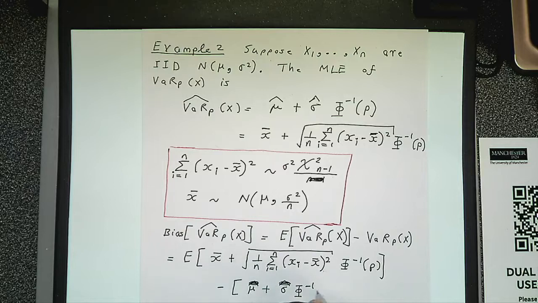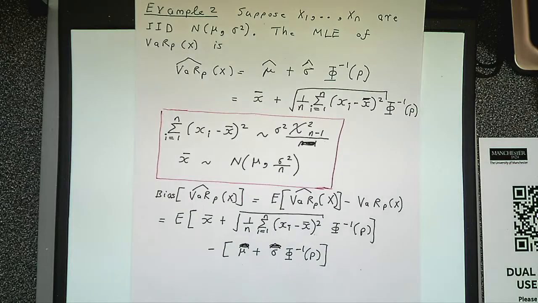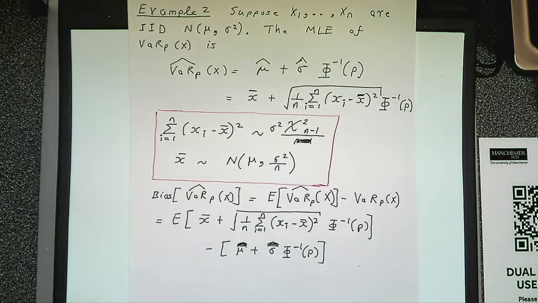I don't know why I keep writing it. There's no hat. Excuse me. It's just mu plus sigma times phi inverse of p, right?